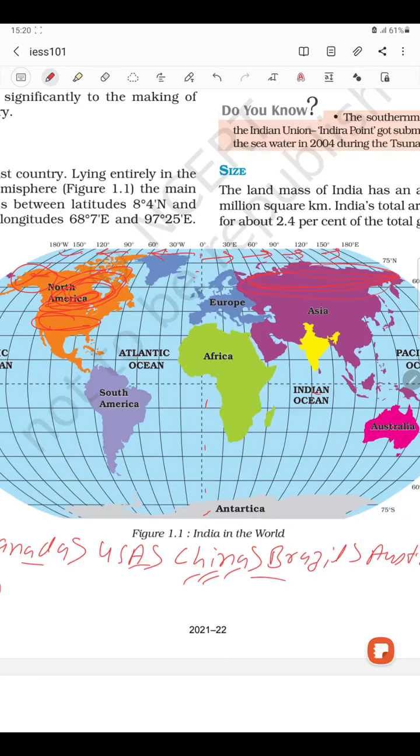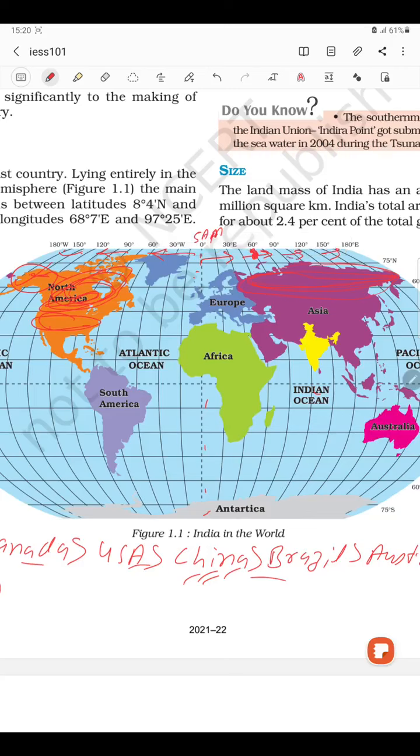Suppose we are going to the 60 degree. Here I will find the time. Suppose here is 5 a.m. Here is 60 degree. We know that moving from one meridian to another, we get 4 minutes.